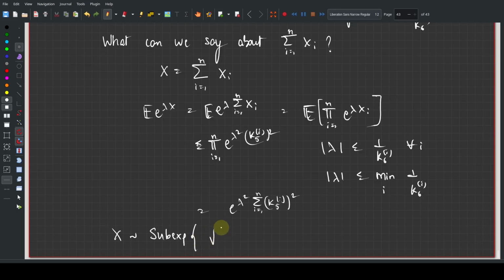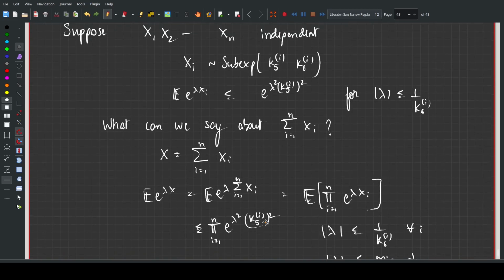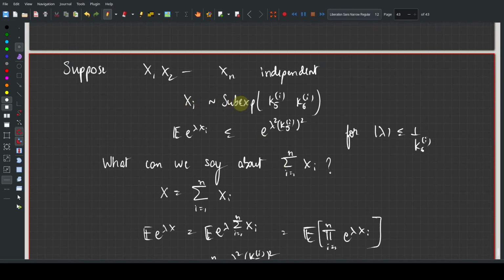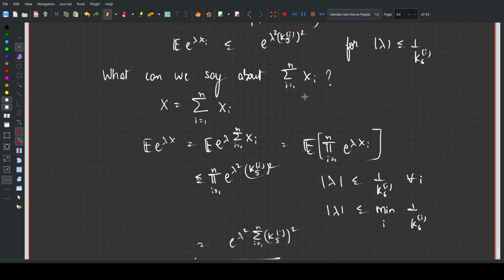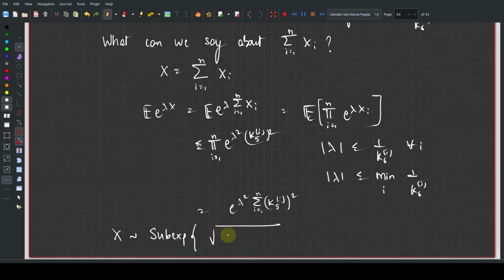Well, if I say that xi is sub-exponential with parameters k5 i and k6 i, then the sum is going to be sub-exponential with parameters the square root of summation i equal to 1 to n k5 i square, and the maximum over all possible i of k6 i.